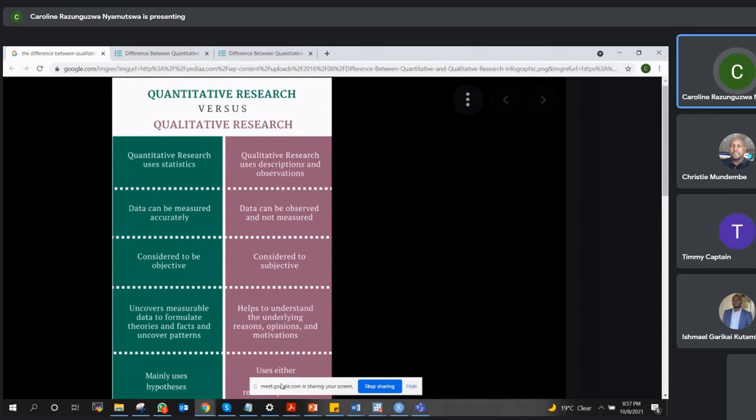The next one is that data can be measured accurately. A question was raised: is statistics here the numbers or statistics as a subject?